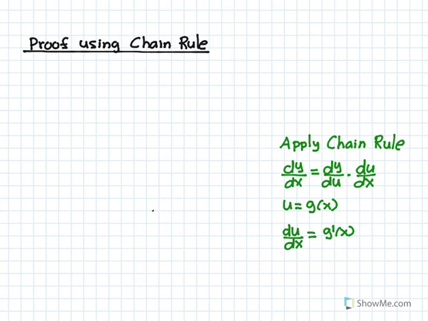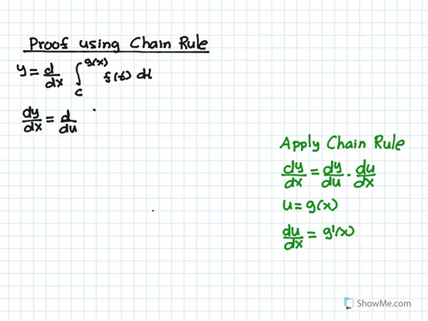All right, so let y be equal to the integral from c to g of x of f of t dt. dy/dx by the chain rule is going to be the derivative with respect to u of the integral from c to u of f of t dt, times du/dx.